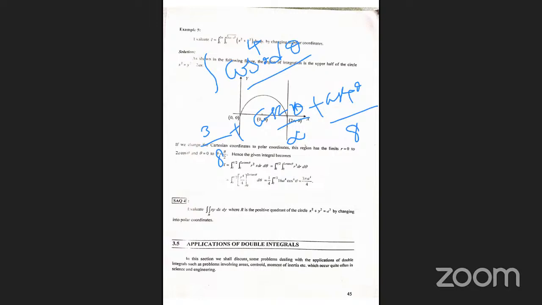What is the cos 90 value? 0, sir. Cos 0 value is 1. So we have to apply the limits 0 to pi by 2. Already here 16 is outside.